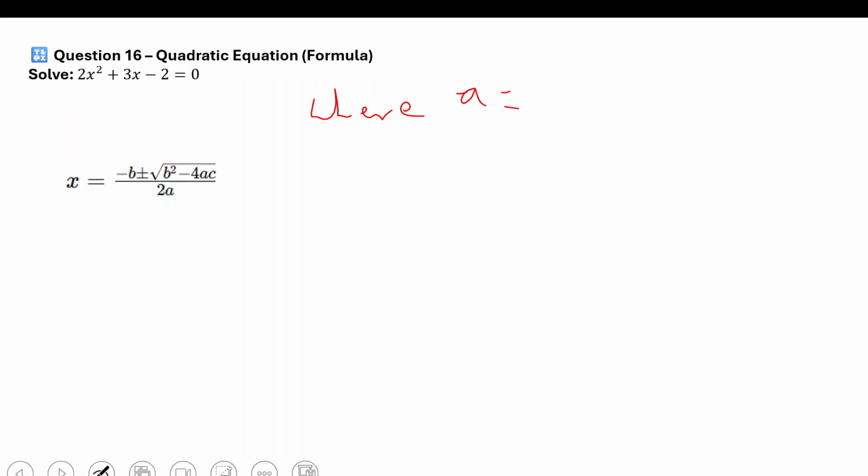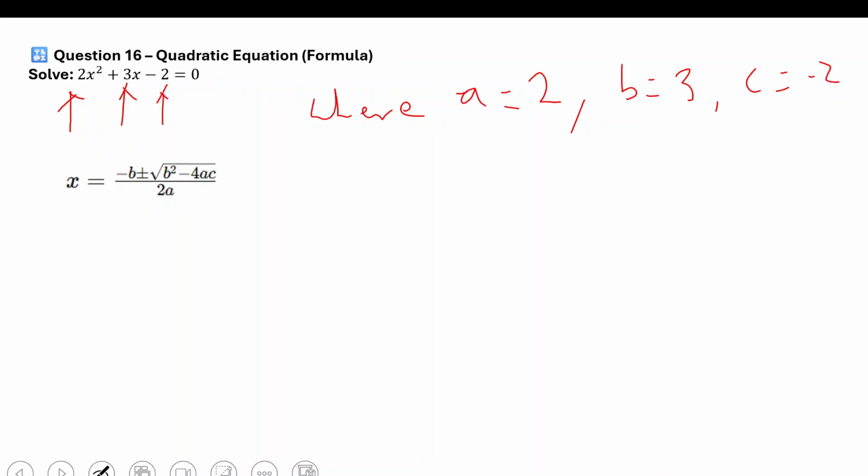So in this situation, a is 2, and b is the coefficient of x, which is 3. Then c is the constant term, which is minus 2. So this is a, b, and c.